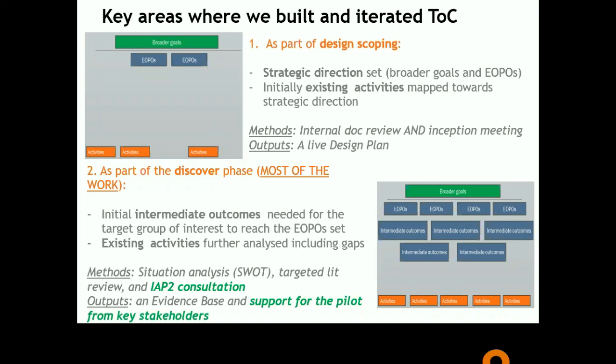So we got an idea of some existing activities that were already happening there. That allowed us to start, and it was really useful because we were no longer designing in a complete vacuum. We could grab a few bits and pieces that could help us to start.